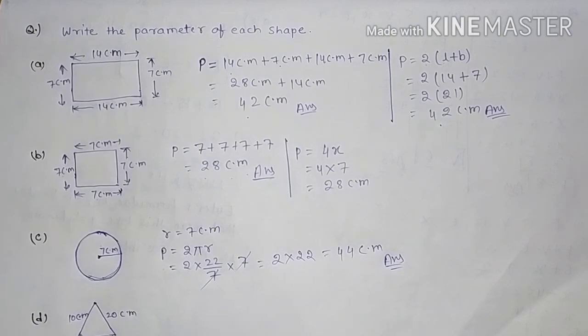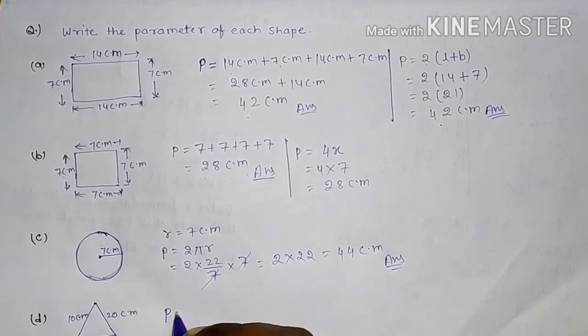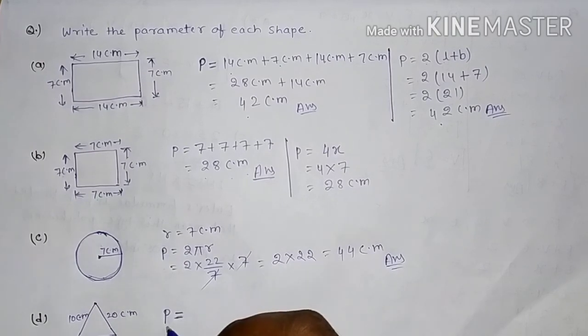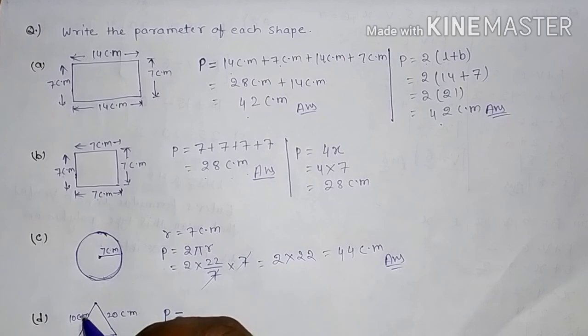Here the triangle is given and all three sides are given here. We have to find the perimeter of a triangle. So simply, perimeter of a triangle equals, P stands for perimeter, sum of all sides. So there are three sides.